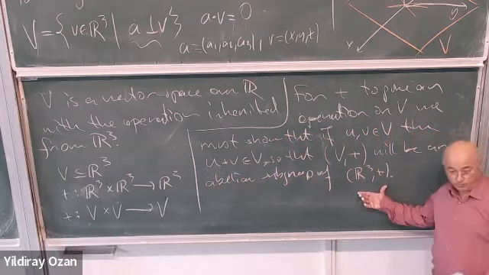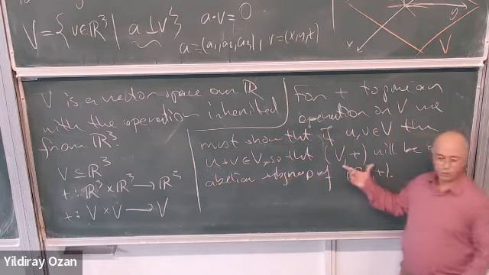R3 is an abelian group, we know that, and this is an abelian subgroup.